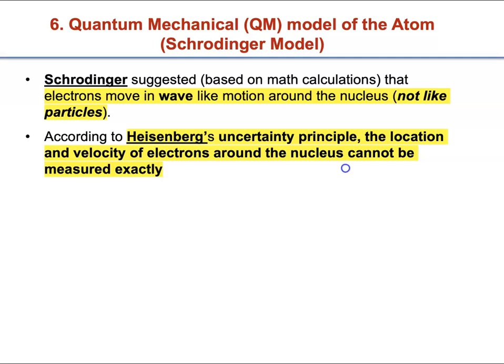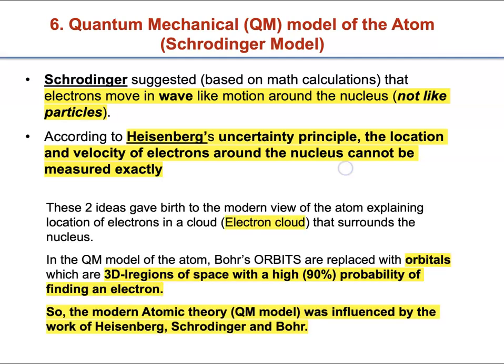According to Werner Heisenberg's uncertainty principle, the location and the velocity or speed of electrons that are moving around the nucleus can't be measured exactly. So when you put these two concepts together, you have the modern view of the atom, explaining the location of electrons as a cloud region, not as specific orbits or anything like that. So they are in a cloud-like arrangement around the nucleus.